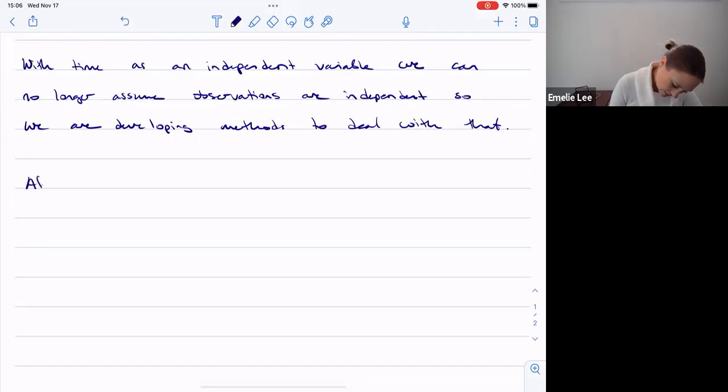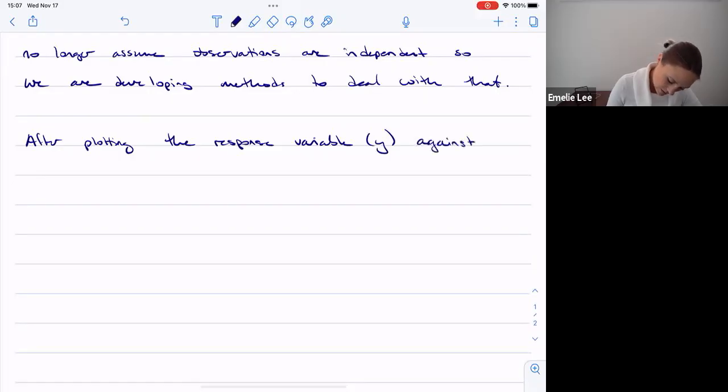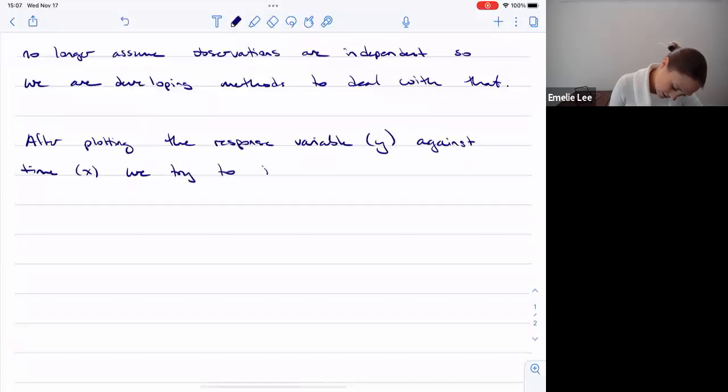So we also, after plotting the response variable, which is going to be your y variable, against time, which is your x, of course. Okay. We try to identify a pattern, right?